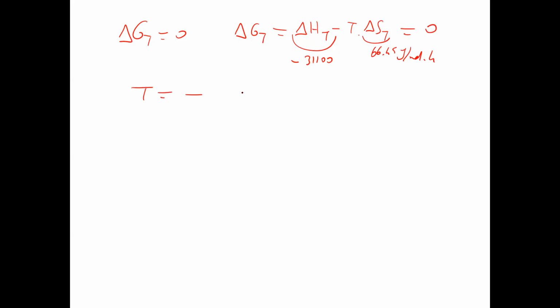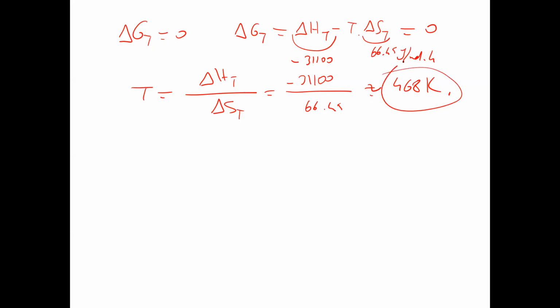And T would be delta H_T divided by delta S_T, which is 31,166.5 divided by 66.45. This is about 468 Kelvin.